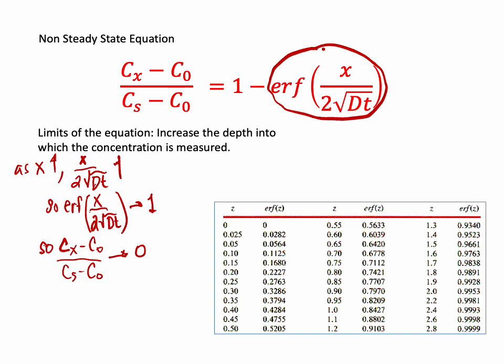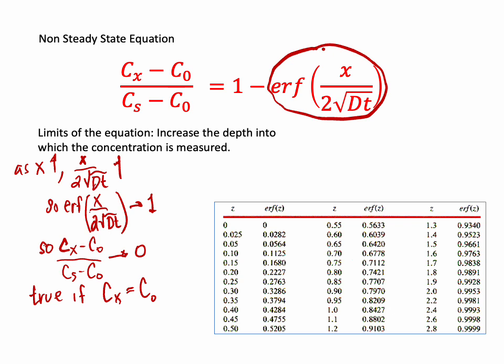And the only way that can be true is if C sub x is equal to C sub 0. If the concentration at depth x is equal to the overall concentration before you started, which means that as we go deeper and deeper into the surface, as x increases, we approach the point where the diffusion hasn't gotten and the overall concentration has not been increased.